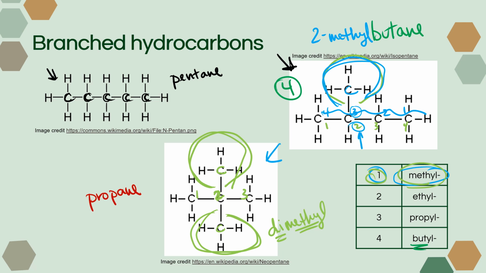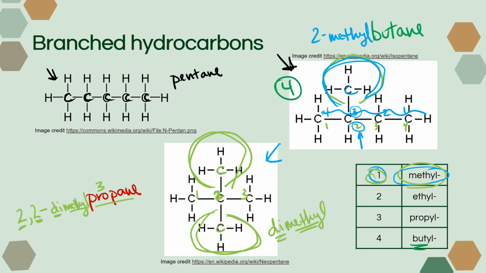We're going to call it 2,2-dimethylpropane. This tells us that on carbon number 2, there's a methyl group, and on carbon number 2, there's a second methyl group. And the longest chain, the principal chain or the parent chain, has 3 carbons, hence prop. 2,2-dimethylpropane. Are we having fun yet?